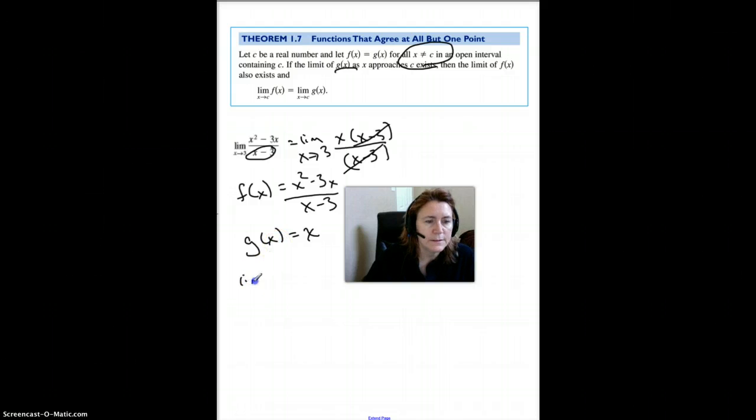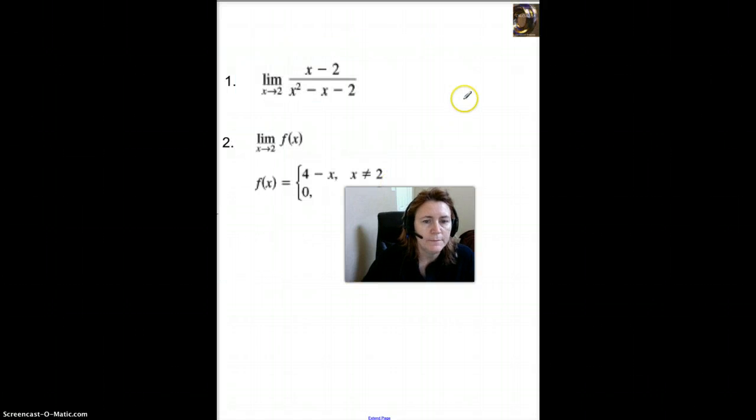Then the limit as x goes to 3 of f of x is equal to the limit as x goes to 3 of g of x, which is 3. This is how we handle getting rid of the point singularities in a denominator. You just do what you can to factor it out. All right, your turn. Pause video.